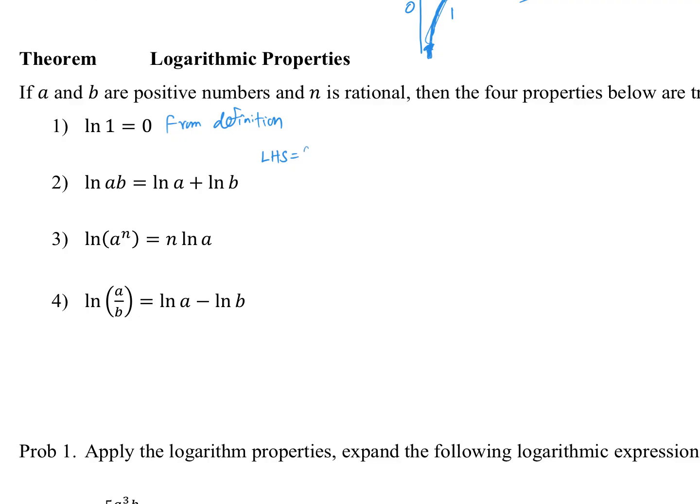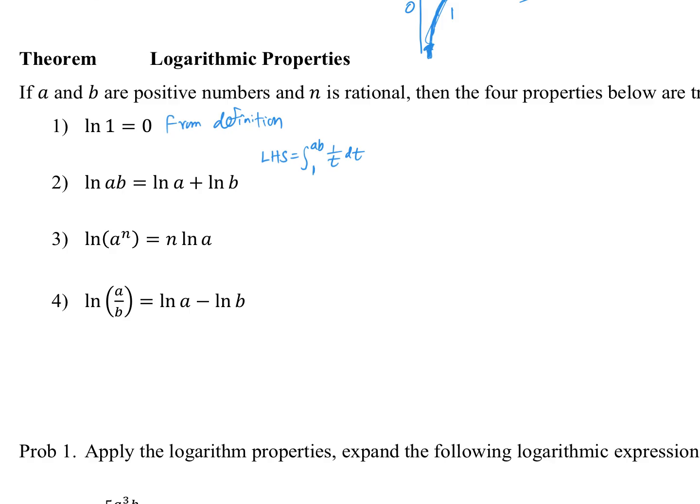According to the definition again, please pause the video if you want to give it a try: write down the definition for ln of AB. So here's the definition. The lower limit is 1. The upper limit is AB. And the function being integrated is 1 over t. This is according to the definition.